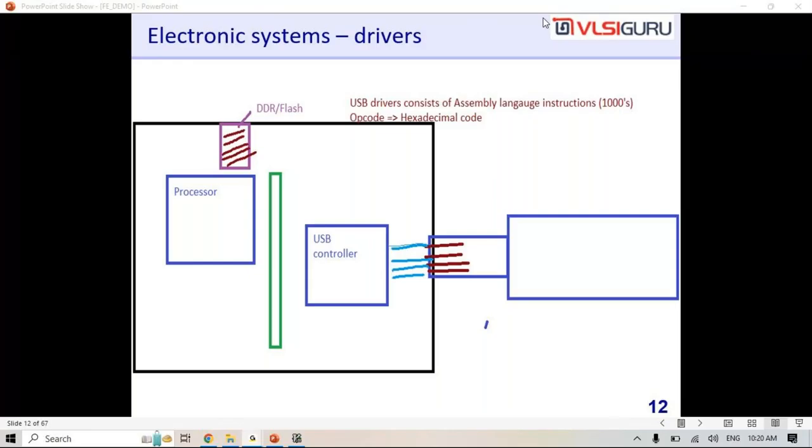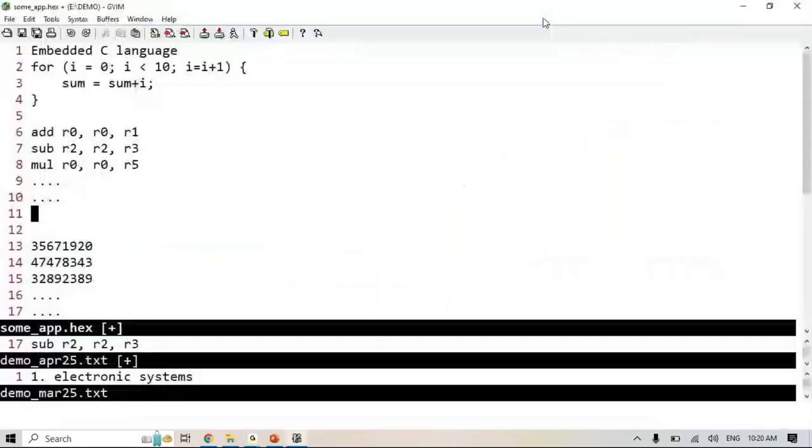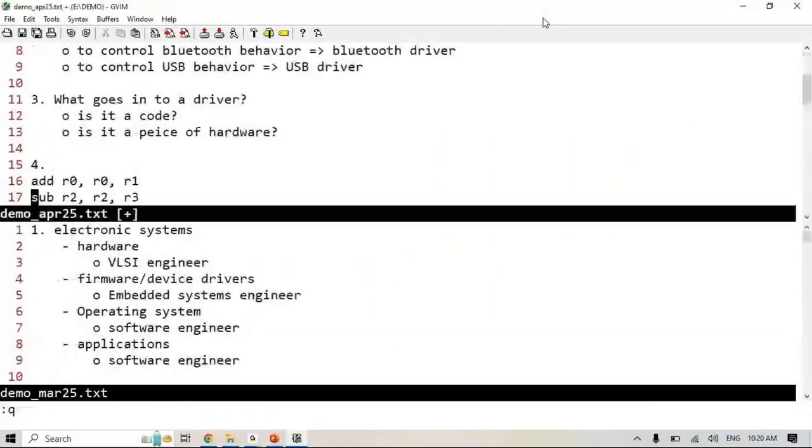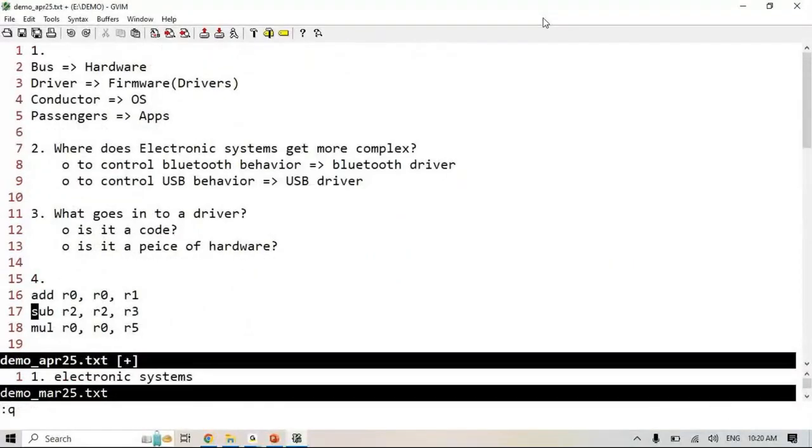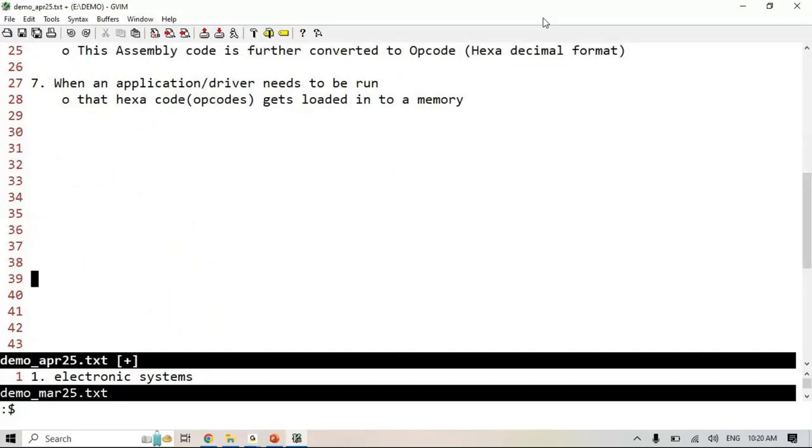Just to briefly summarize, let's quickly revise the whole thing. We were discussing electronic systems. Typically, an electronic system consists of four layers.